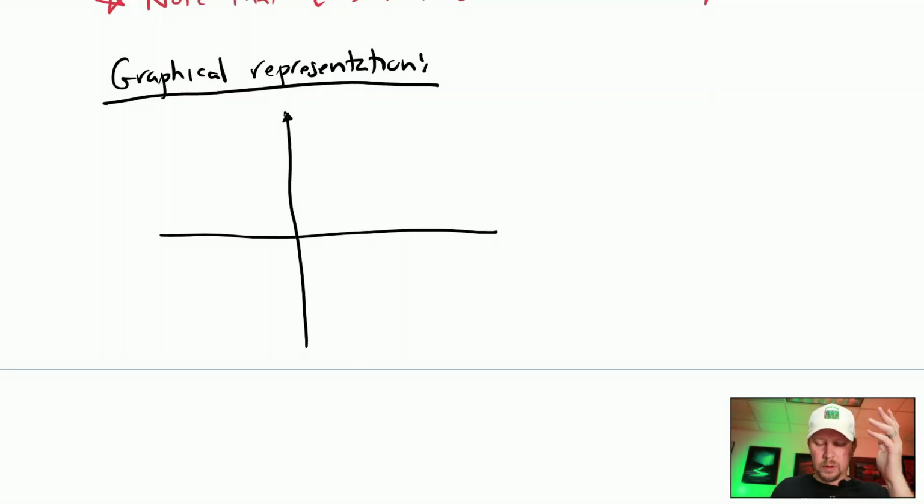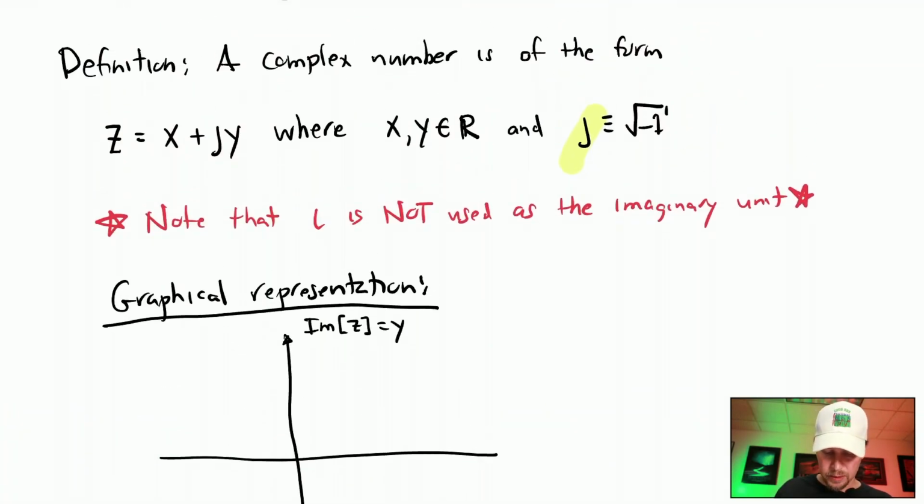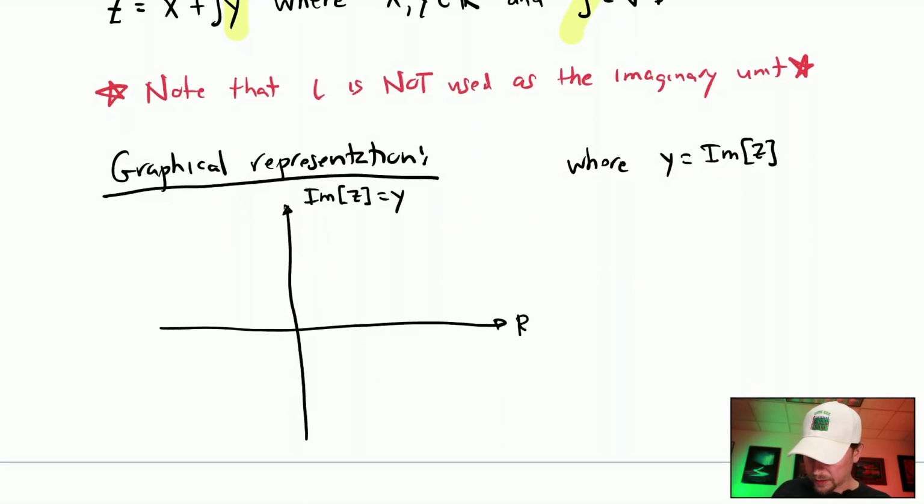The vertical axis is the imaginary axis, and so it is the imaginary part, Im, of the complex number, which is the value y. While along the horizontal axis, we have the real part of the complex number, which gives us the value of x, like this. And notice that all complex numbers lie somewhere in those 4 quadrants.